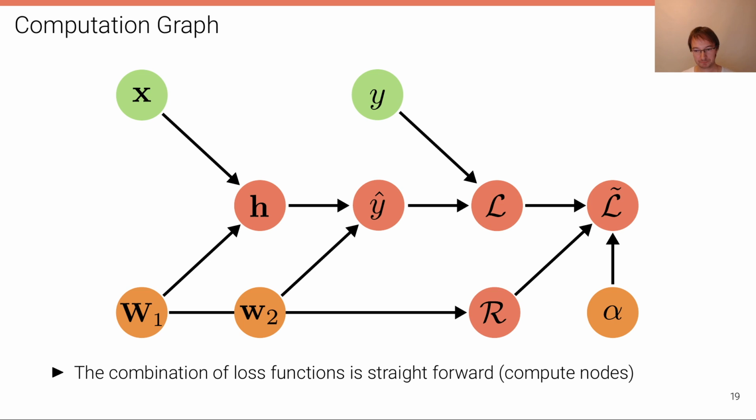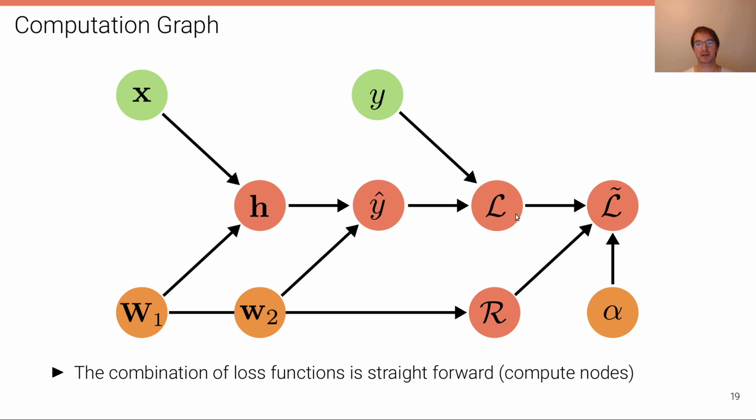Finally, I want to also briefly show how this could be integrated into a computation graph that you want to implement in terms of source code on, for instance, the educational framework. Well, because loss functions are just compute nodes, the combination of loss functions is really straightforward. It's a straightforward combination of compute nodes.